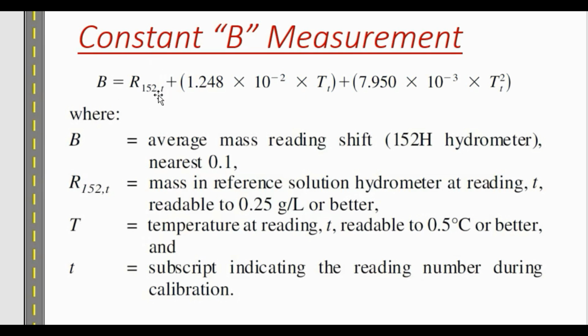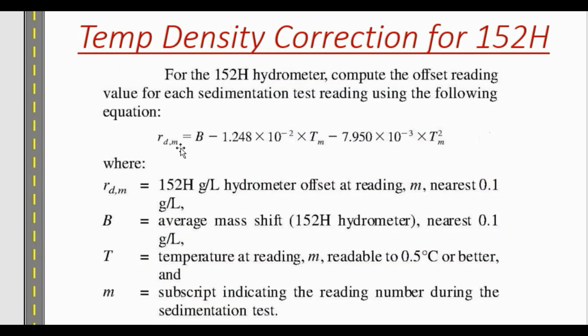This is our R152 and T is the temperature of our particular reading at that time. On that basis we will calculate the RDM, that is our offset reading. This is a reading that we will further use to calculate our percentage passing.